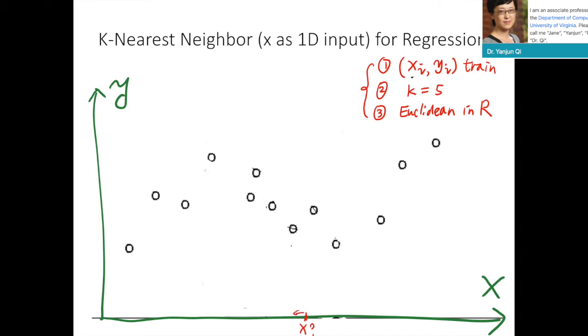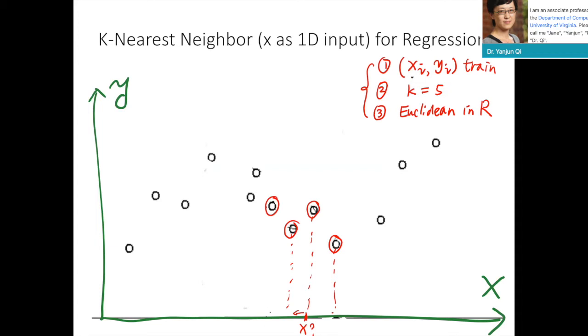You just look at all the possible xi in your training data and find the 5 nearest to my x question mark. Even for this extremely simple case, you can just eyeball it, right? It's very clear my nearest neighbors are this point, and this point, and that point.